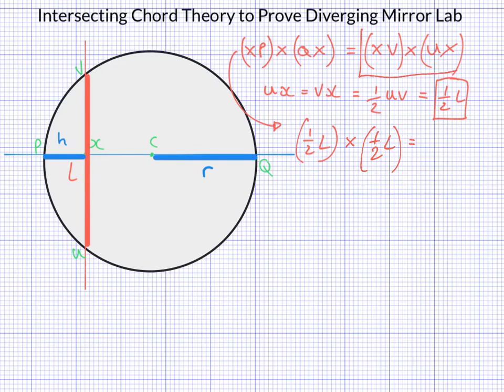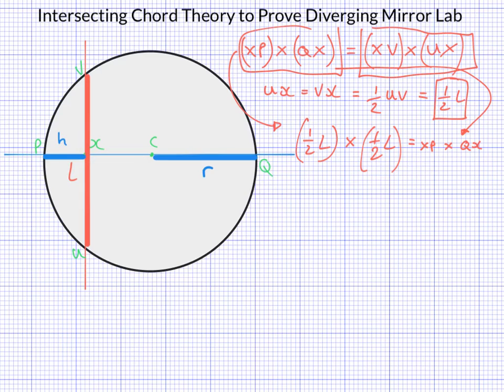I've just restated this bit, and now I'm going to restate this bit over here. So half L times half L is equal to XP times QX.